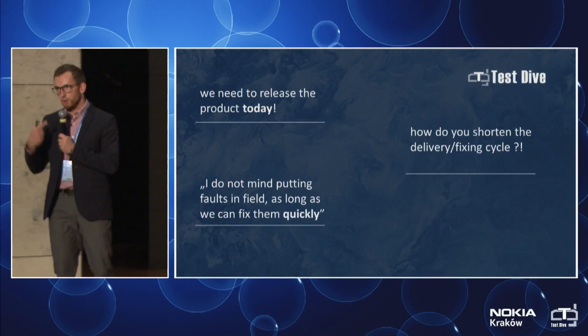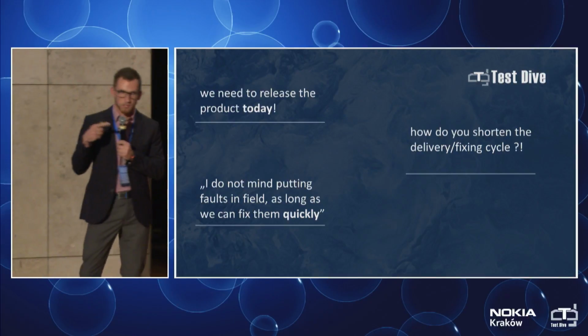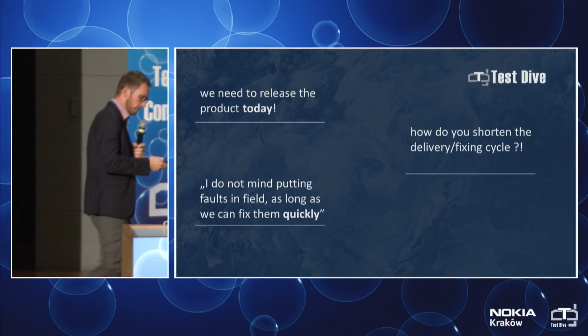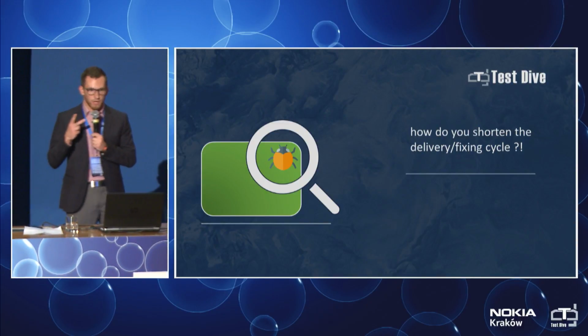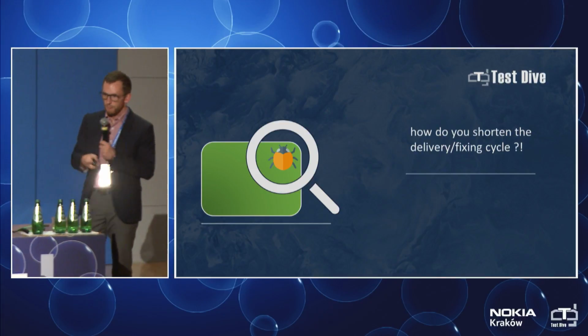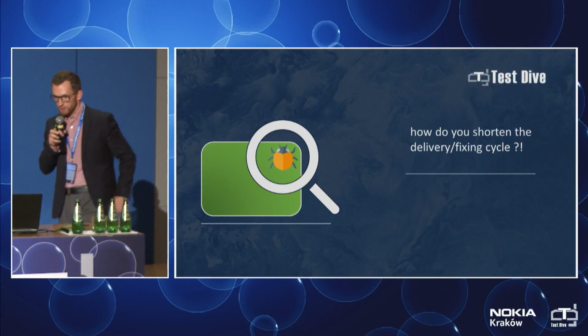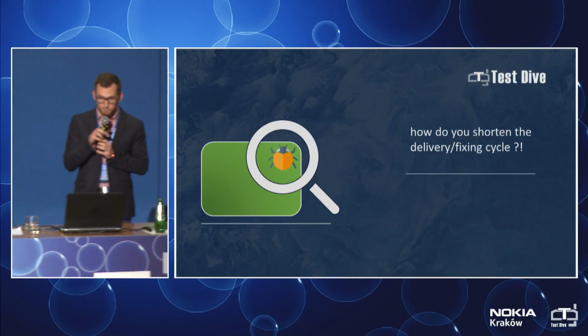And now you can imagine why we have been talking about the automation so much, and there was such a huge conflict about the automation. But I have two kind of questions for you that should help you understand how to shorten the delivery cycle. So one is your test environment.